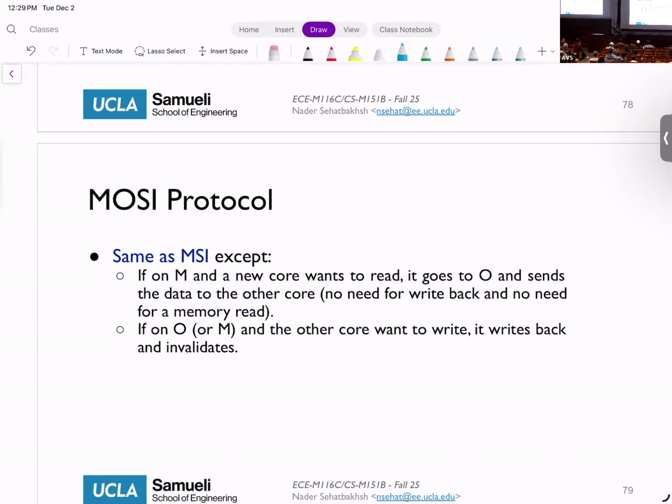The reason is that we usually want the latest copy in memory anyway, so we don't lose any data in between. In some rare cases you can skip the write because the other one will replace it. But typically, if someone wants to read, the O will provide that data, and if multiple cores want to read, O continues to provide that data. So keep that in mind.